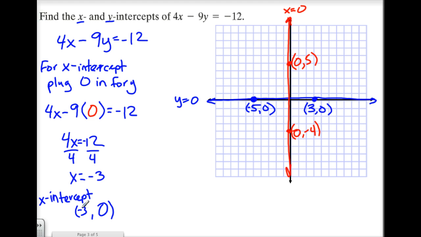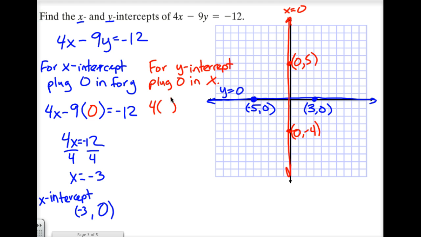Now, consequently, for the y-intercept, I'm going to put 0 in for x. So plug 0 in for x. We write the same equation, only now you're going to plug 0 in where there's an x value.